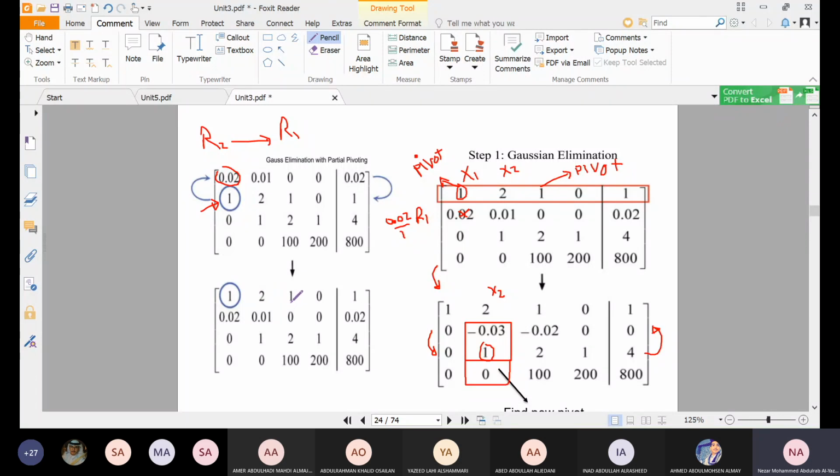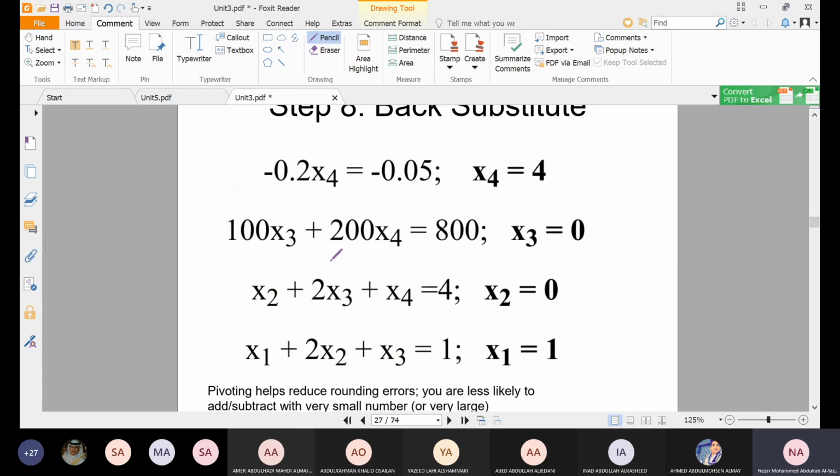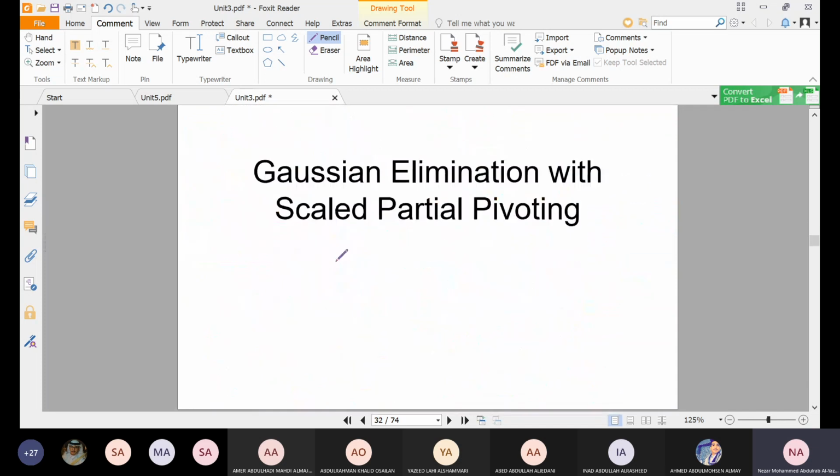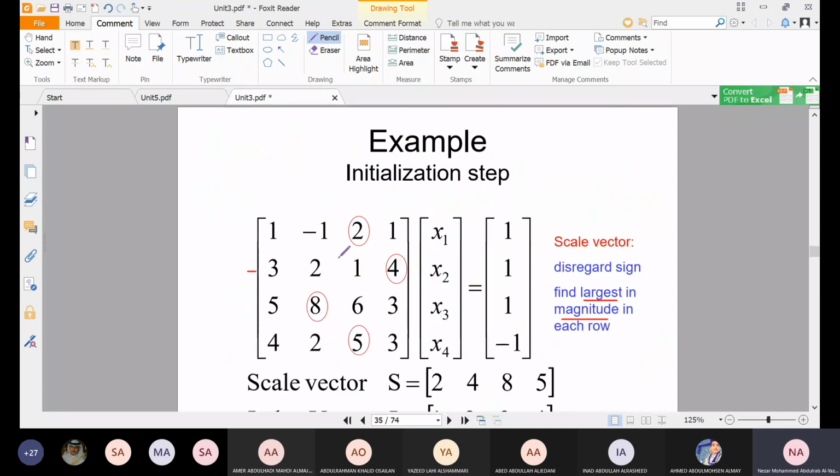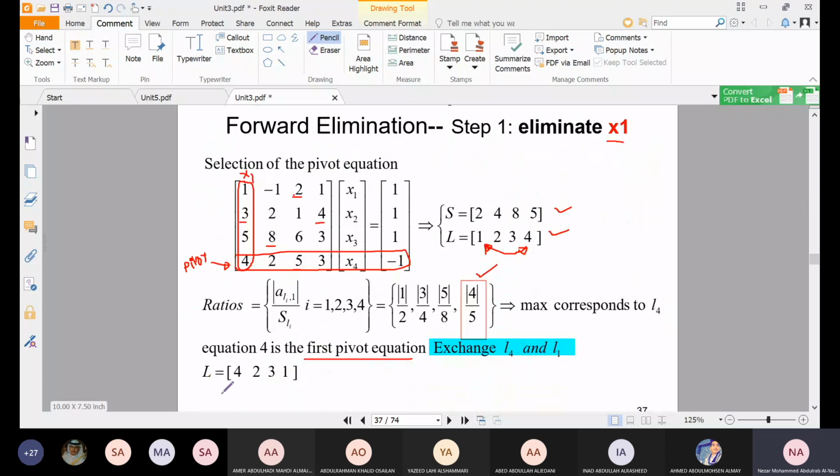This was in the previous partial pivoting method. Here, in the scaled pivoting, we just apply direct substitute elimination. What we do here, there is no need to do swapping between the rows. We just change the index vector that we have. This is the index vector that we have. So this is the location of row number 1, the location of row number 2, the location of row number 3, the location of the original row number 4.